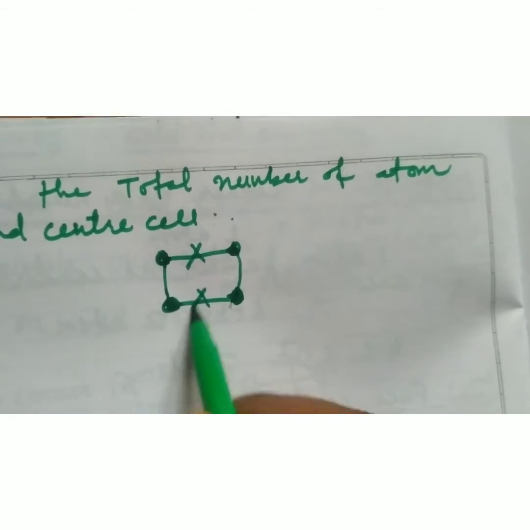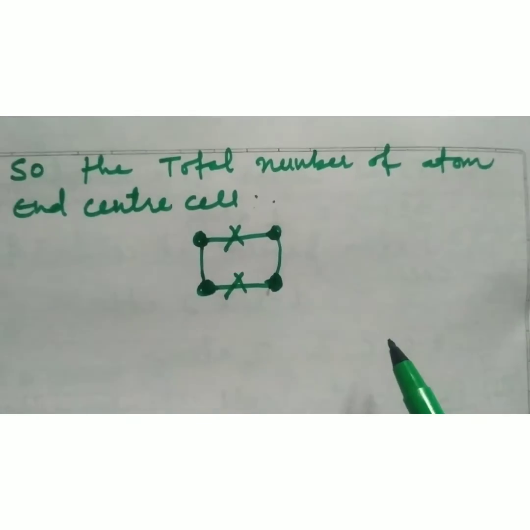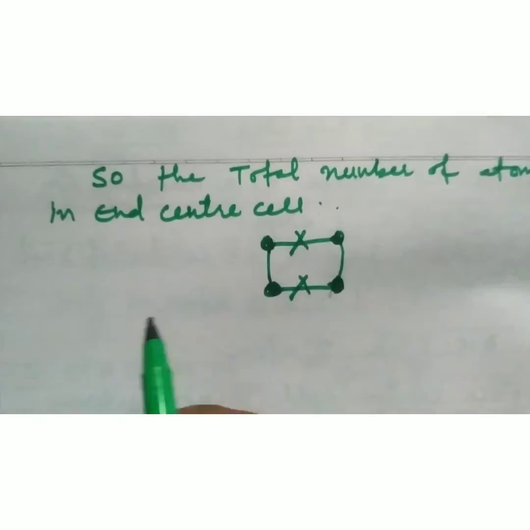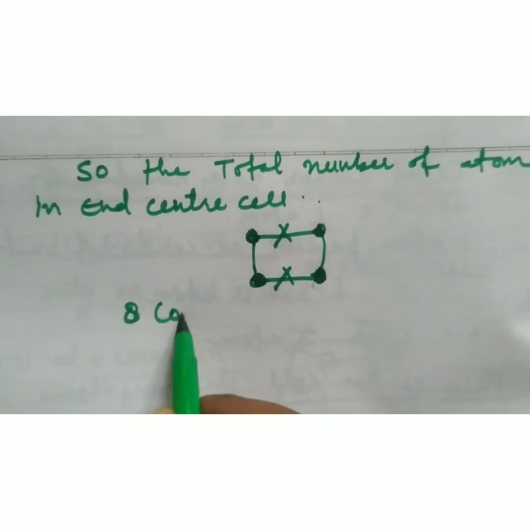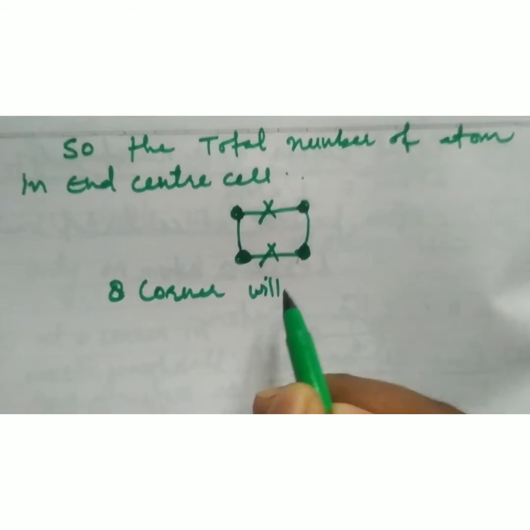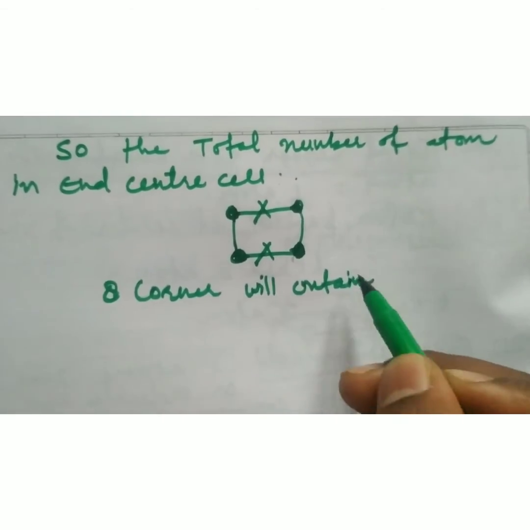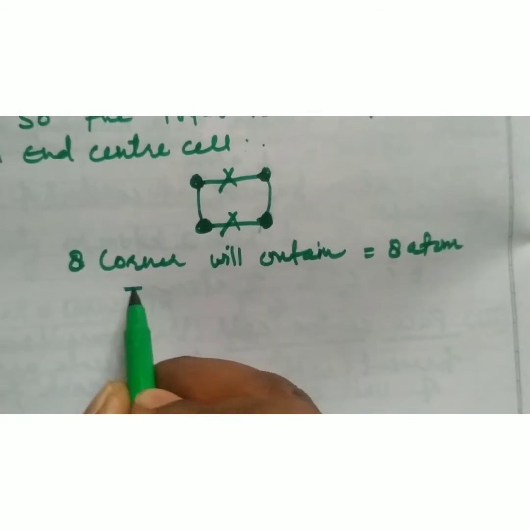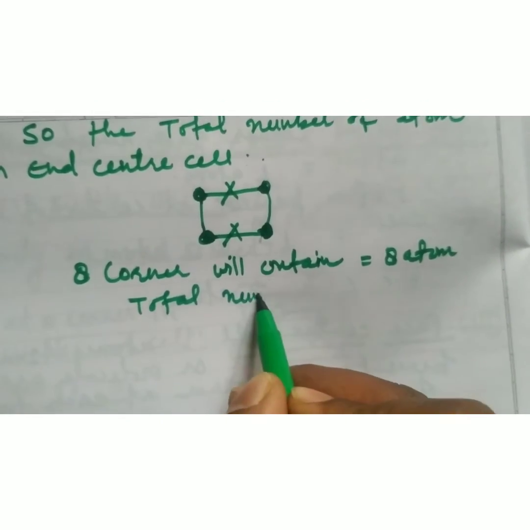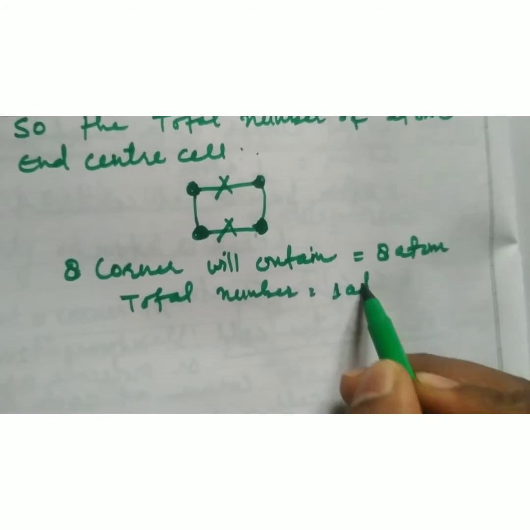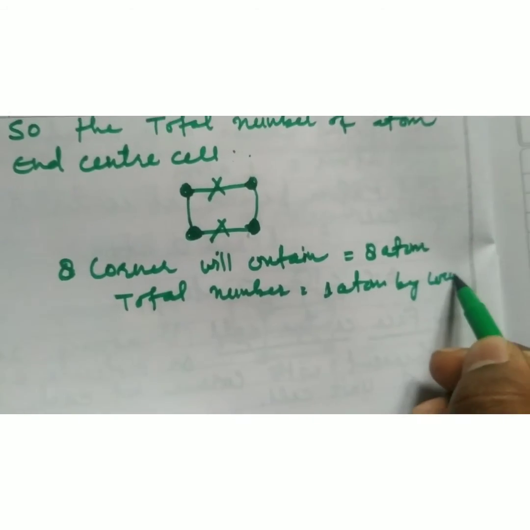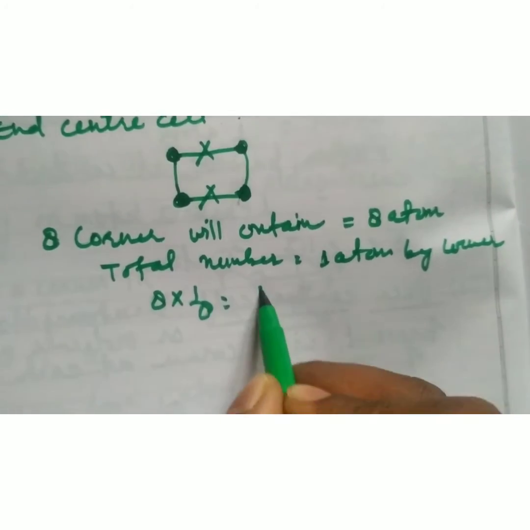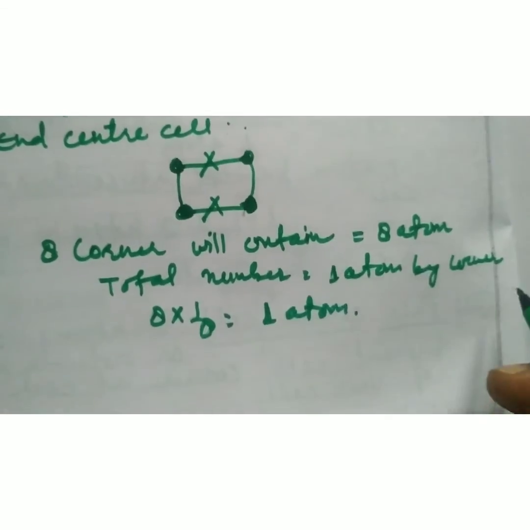Any opposite two faces will contain two atoms at the end faces. Clear? So 8 corners will contain 8 atoms, and the total number from the corners equals 1 atom. Why? How? 8 multiplied by 1 by 8 equals 1 atom. Clear?